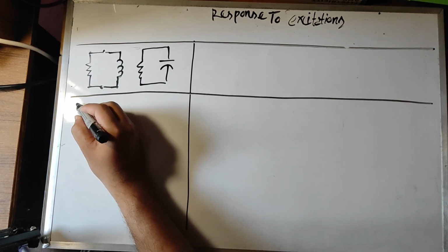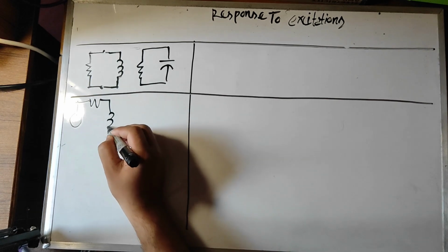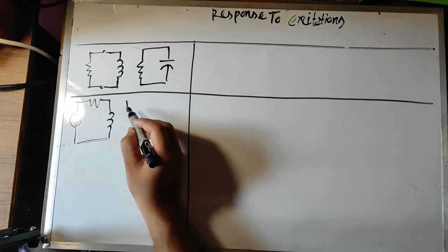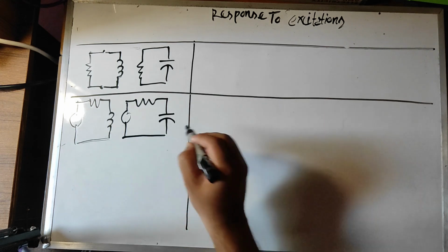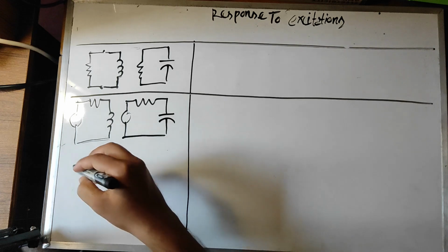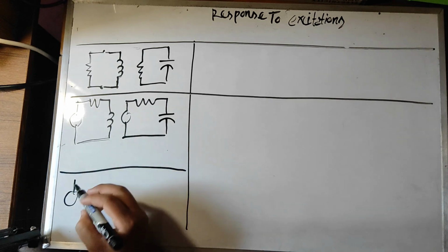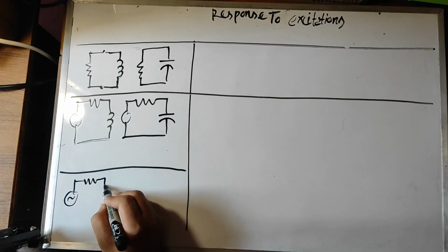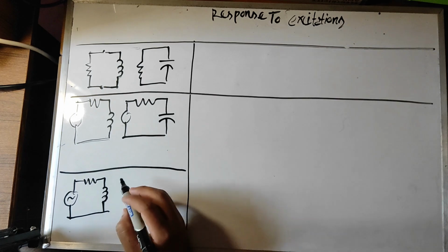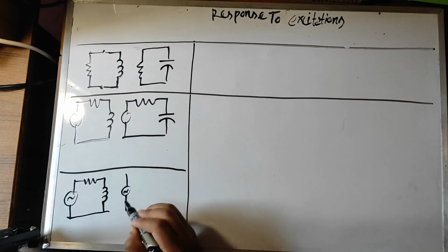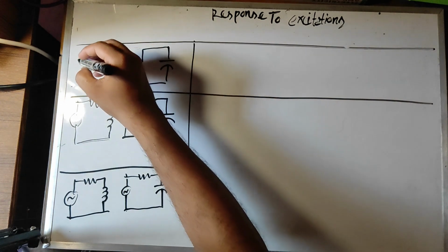Now this is the step response. This is the RL circuit for sinusoidal input. So this is source free.